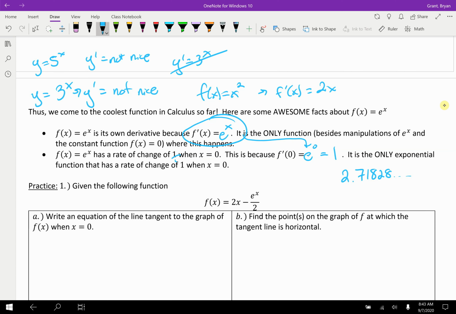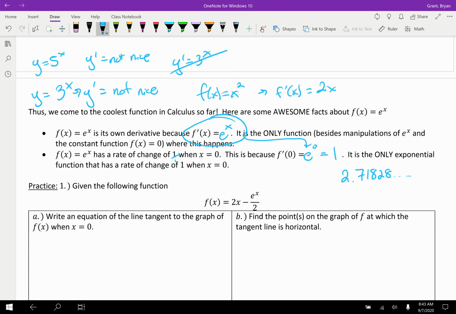E to the x is the only exponential function that has a really, in air quotes, nice derivative of e to the x itself. It's the only one that has itself. And it's the only exponential function that has a nice rate of change at 0. And that is pretty crazy that this really weird number turns out to have a beautiful slope and an easy derivative.